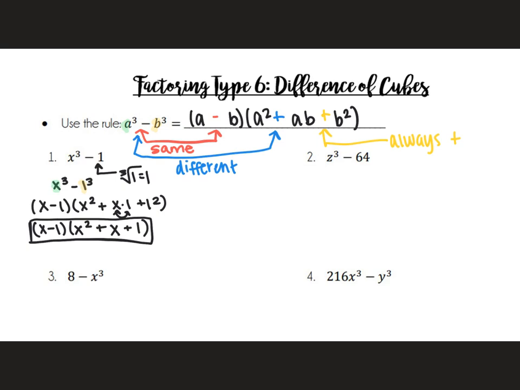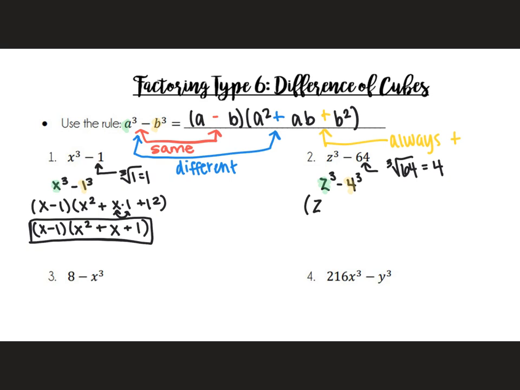For example 2, I need to know the cube root of 64, which is 4. I rewrite this as z cubed minus 4 cubed. I can see that a is z and b is 4. I use that info and plug it into my formula.